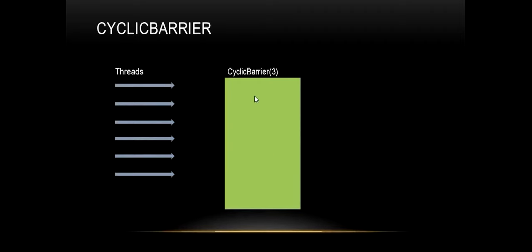As you see on this slide, this green portion is nothing but the code inside the run method which I just showed you in the Java program, and these blue arrows are the threads which are going to execute the code written inside the run method. And the CyclicBarrier has the count as 3, so it is going to keep a check for 3.